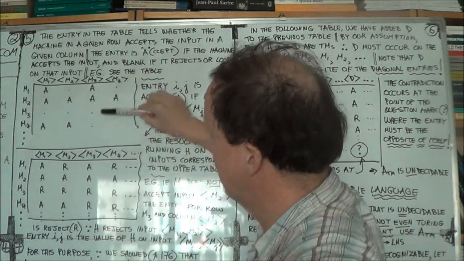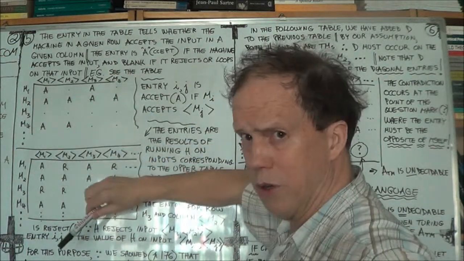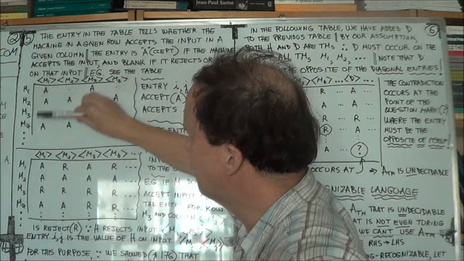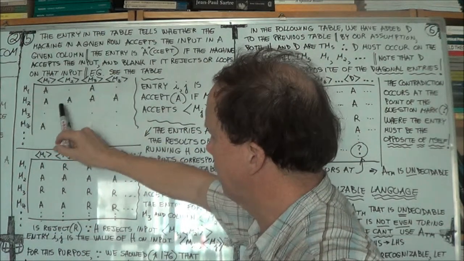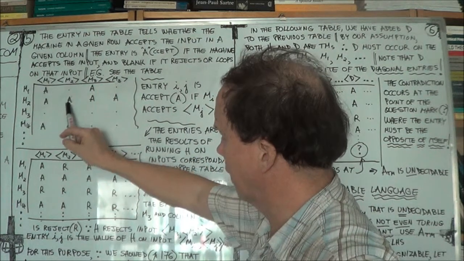So this summarizes the difference between the two matrices. In this case, the accept here just means that that machine will accept that input string.